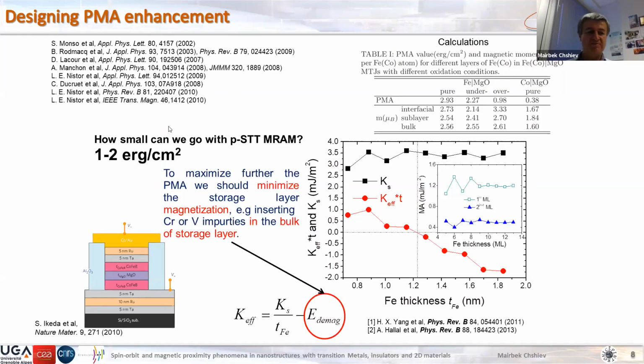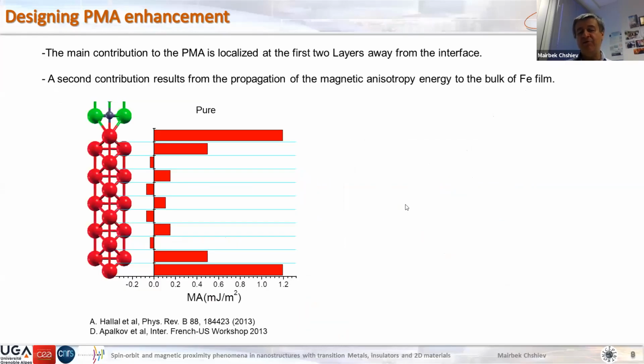What I'm showing here is just a recipe: how can we increase the effective perpendicular anisotropy, but also some historical references. And here again, how can we use this anatomy technique to see what this vanadium impurity will do with the PMA? So again, we have here our iron. Next to it is MgO.